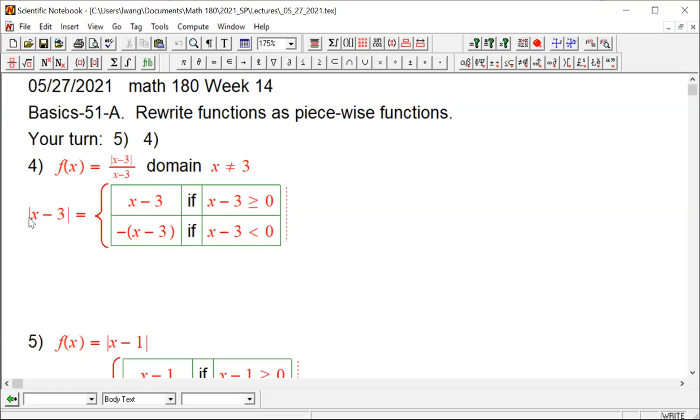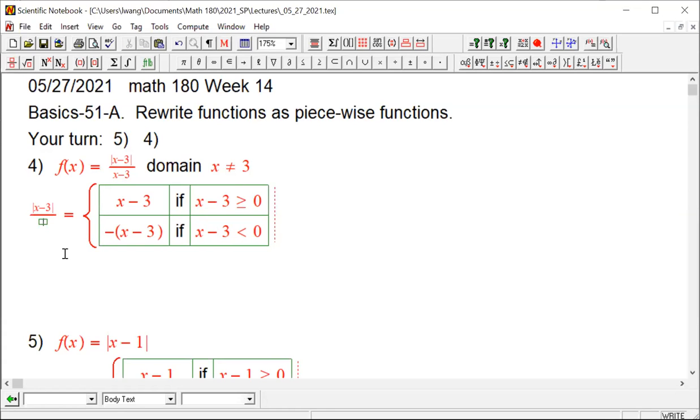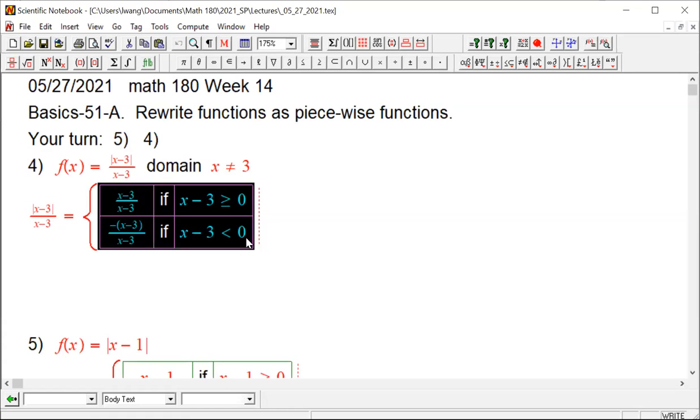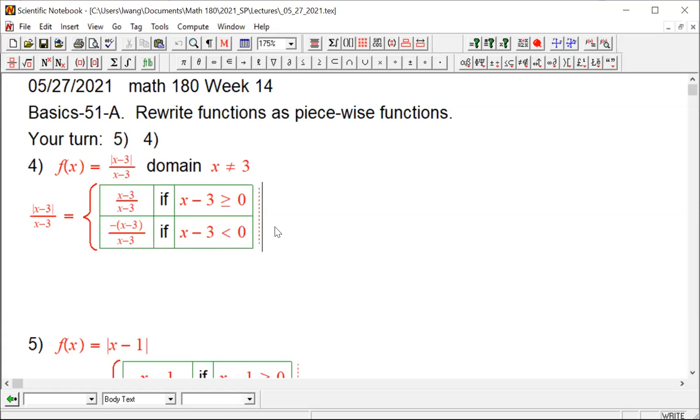Now you're going to divide by x minus 3. So the function itself is divided by x minus 3, and this whole thing is divided by x minus 3. And the conditions do not change. Do you follow me?